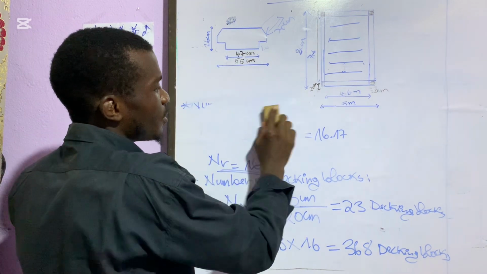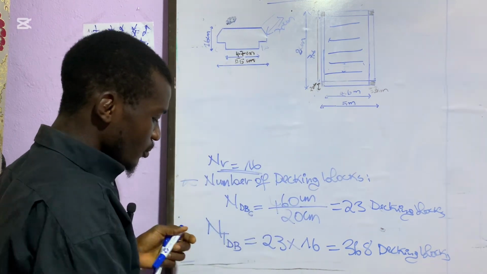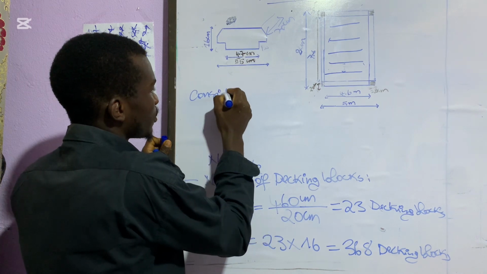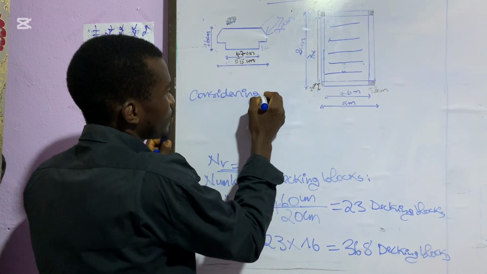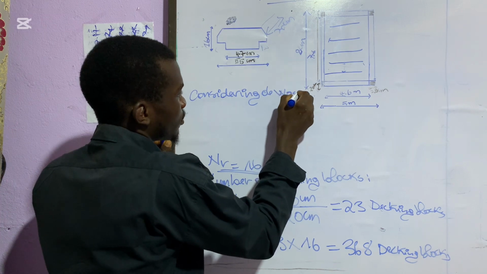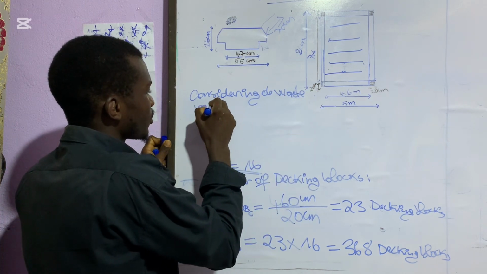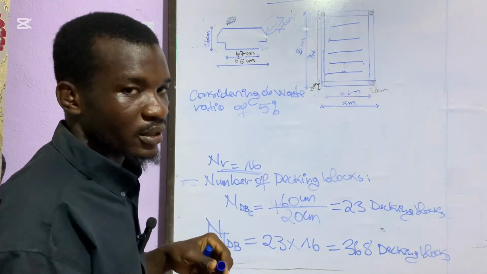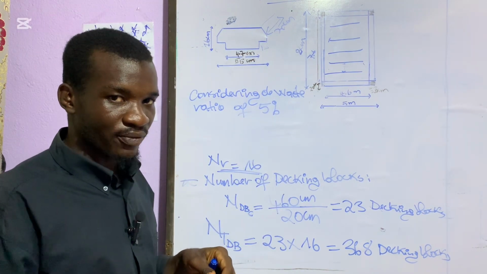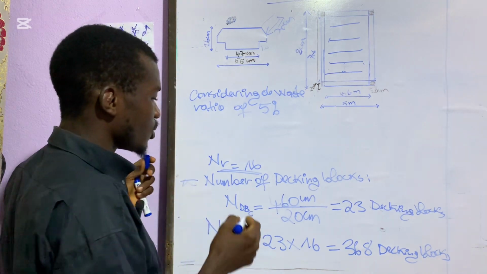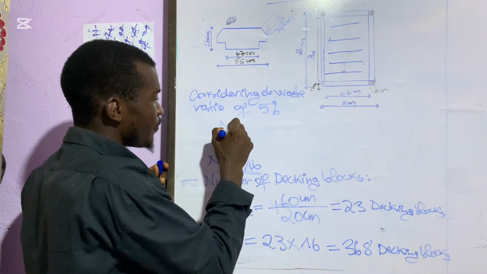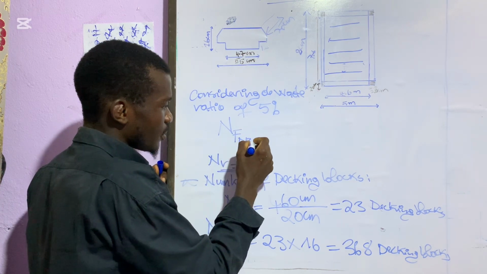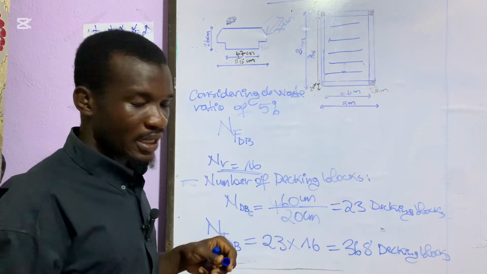So considering the waste ratio of 5%, which I usually take and which is a very good waste ratio, you have the final number of decking block, NFDB.